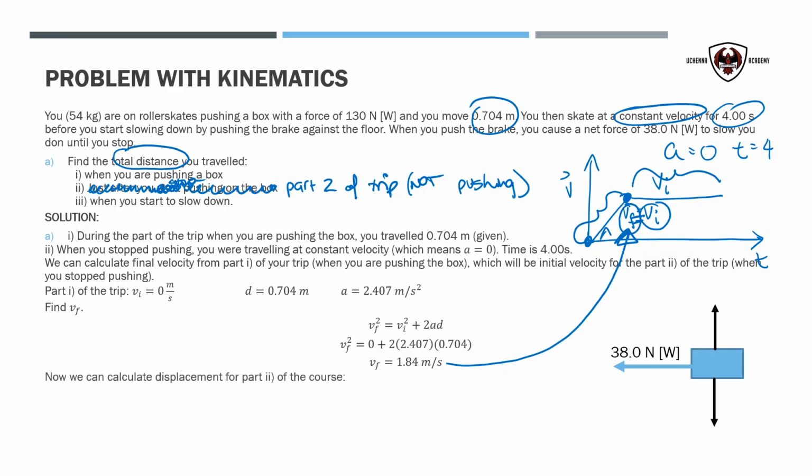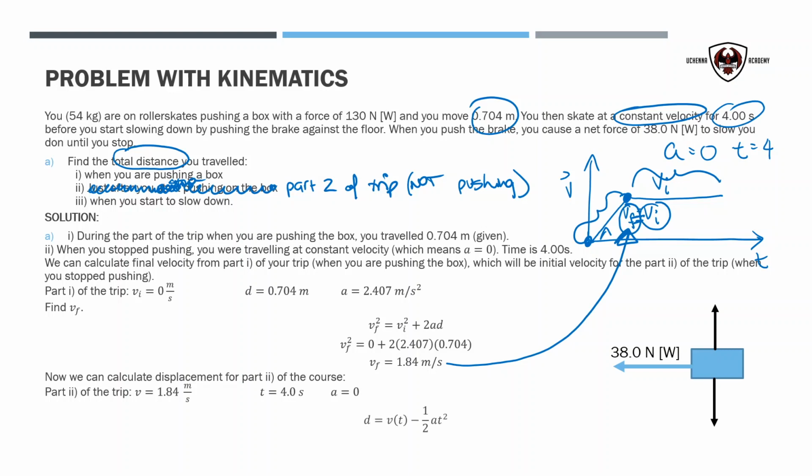So now we can use that to calculate the displacement for the part 2 of the course, because now we have more info. We know during the part 2 of the trip, we know the velocity doesn't change, it stays the same, and it's whatever it was at the final velocity, which we just calculated. The time is 4 seconds, we know that. We also know the acceleration is 0. So we've got those things.